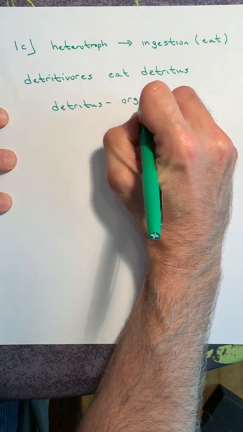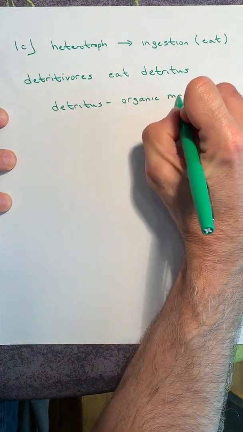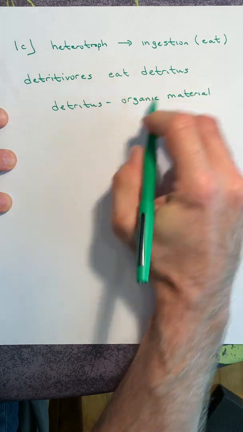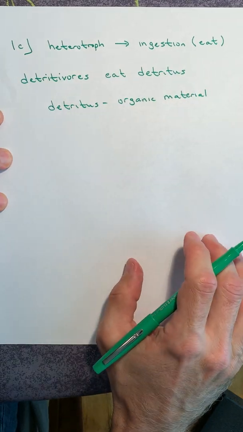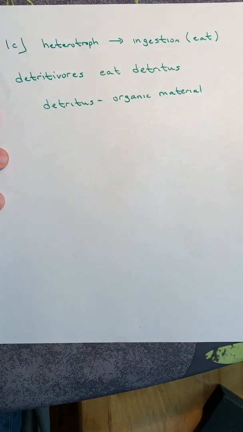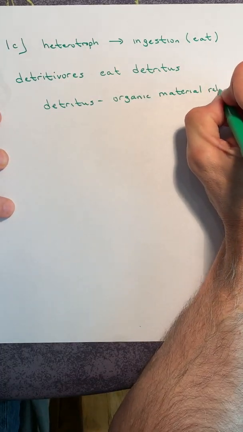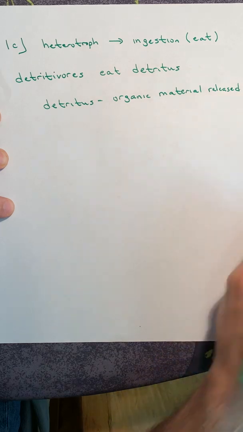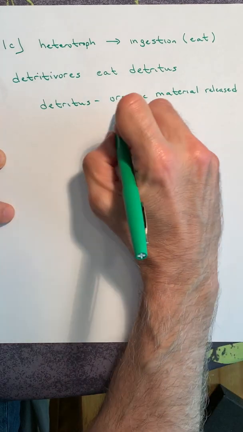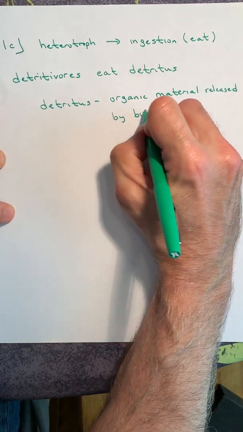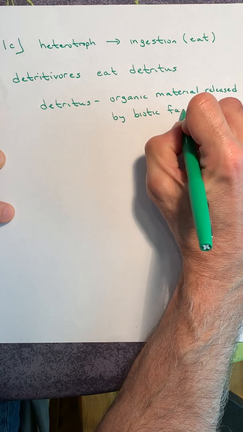Detritus is organic material, which means material that is produced by an organism. That's the definition of organic. So detritus is organic material released by biotic factors, living things.